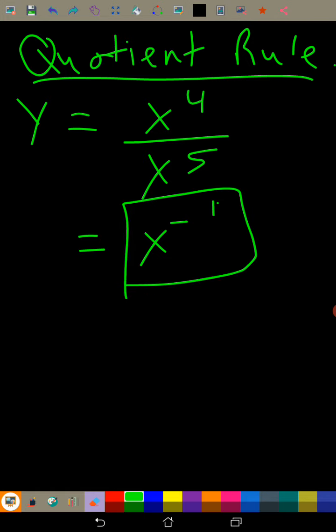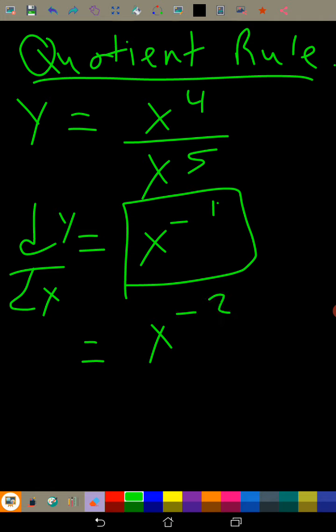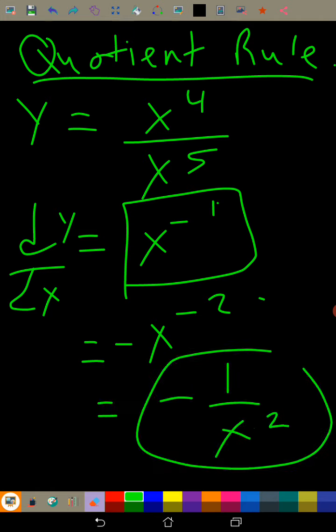If we differentiate this, it's going to be x to the power minus 2, yes, minus 1. So it's going to be minus 1 over x squared. This is the answer that we have, knowing that we can simplify it.